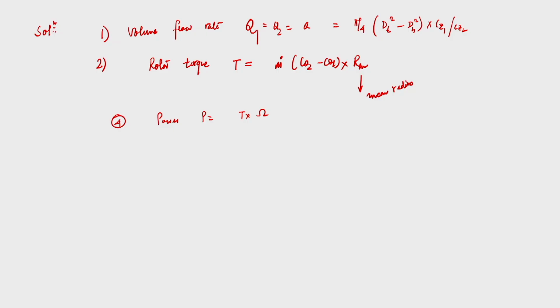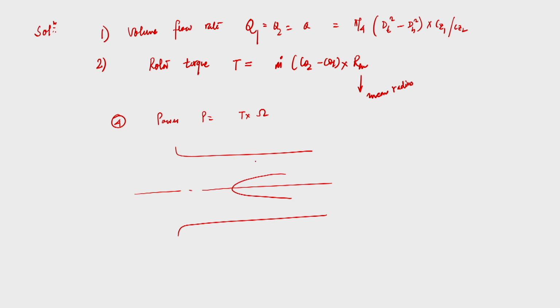So, now I am drawing the velocity triangles at the inlet and outlet. If it is an axial flow machine, axial flow pump, so this is the blade, this is outlet, this is inlet.